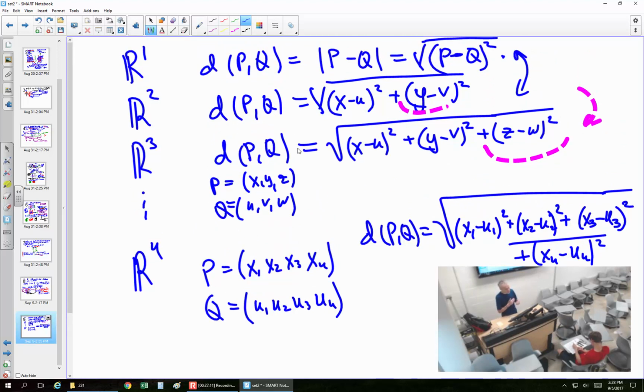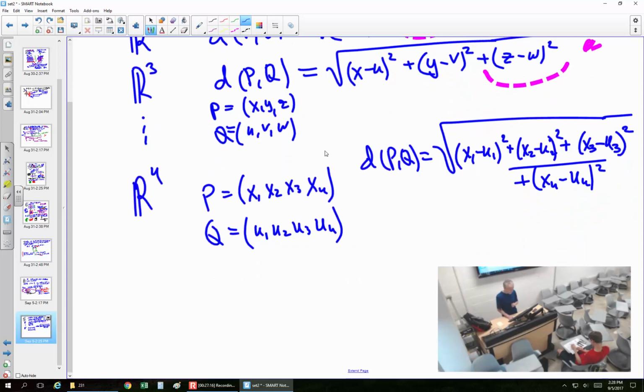It seems that we add an extra term every time, so let's keep adding it and see if it works out. It does work out, but let's take that all the way through. How would you write a formula in dimension n? Use your skills from calculus 2.